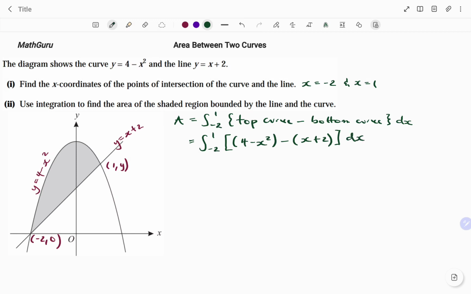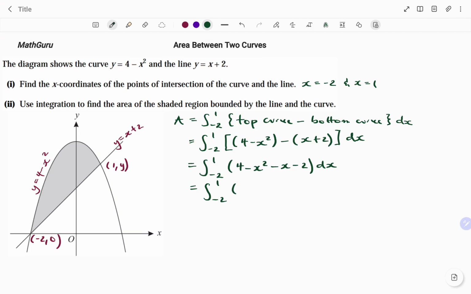So therefore, I'm going to tidy up what I have in the bracket. Put a boundary from -2 to 1. I'm going to have that as 4 minus x squared, opening up the bracket, minus x minus 2, with respect to x. We have the integral of minus x squared.